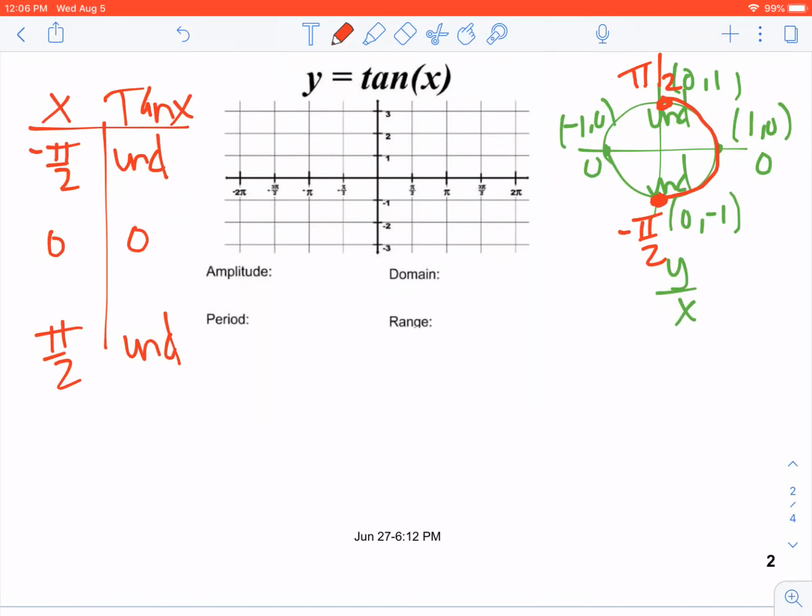But unfortunately, if I only graph that much, if I put an asymptote, my expectation is that you will use a dotted vertical line for your asymptotes so that we can communicate that you know what's going on there. I know on a graphing calculator, they leave these blank. I don't want blank if you want full credit. I need evidence that you understand where the asymptote is at, so I do expect some sort of dotted line. So if you just put a dot at 0, 0, that doesn't give me enough information. I don't know what's going on.